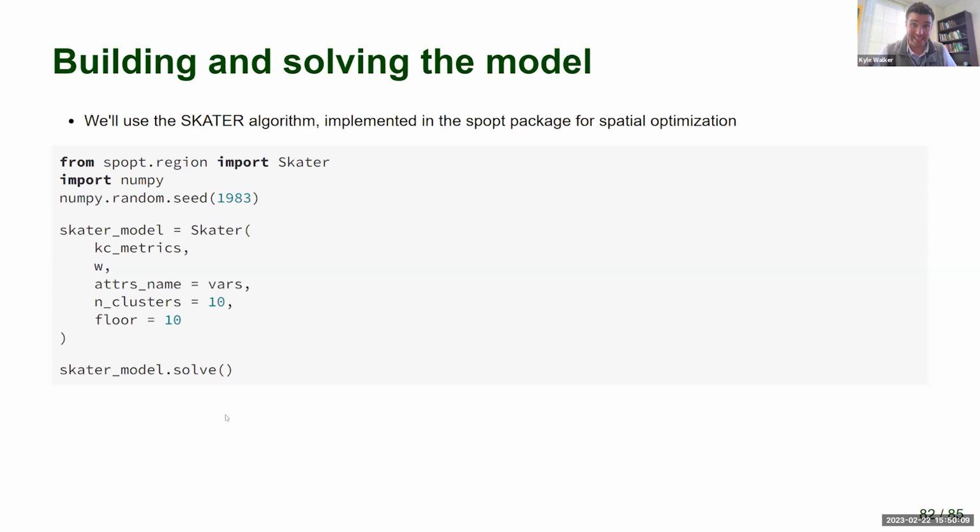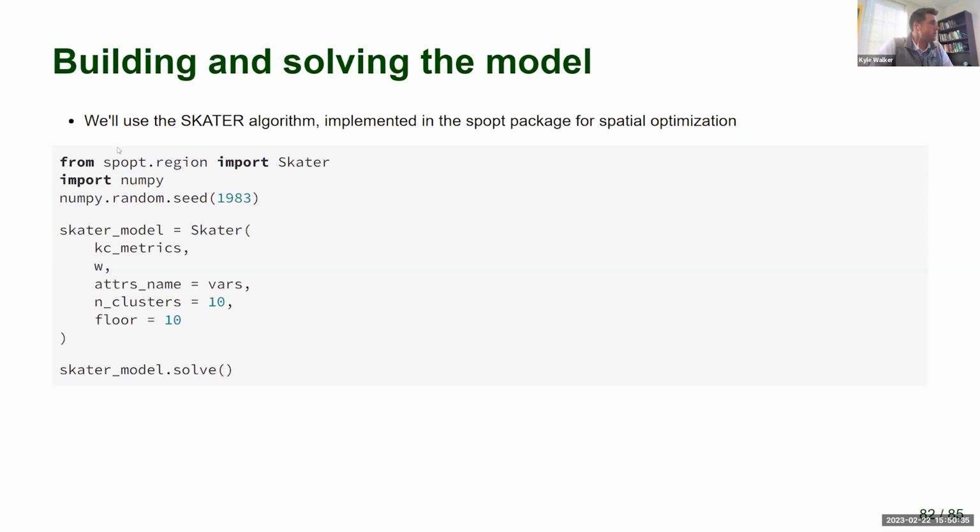Others, like MaxP, you don't specify the number of regions beforehand. So it really depends on the solution that you need. The implementation of Skater in PySAL and spopt, and I'm not going to get too much into the technical weeds here, is so fast, and it's really, really great. You can read more about Skater in chapter 8 of my book.